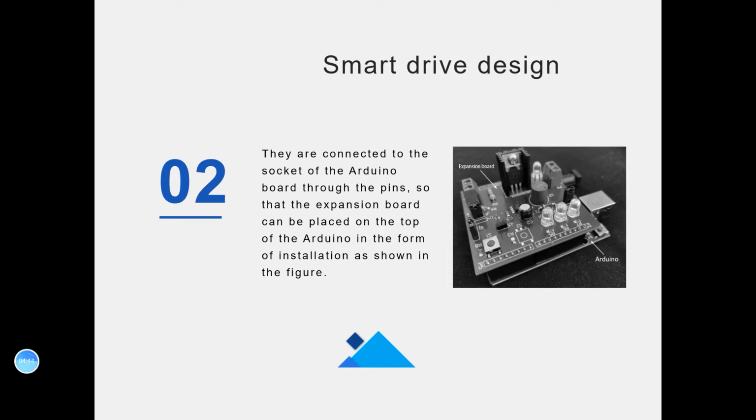A DC power supply is adopted in the system. The positive pole is connected to the Arduino Vin slot through the extension board, and the negative pole is connected to the Arduino GND slot through another inserting pin. The input voltage range of the smart driver is 8 to 12 volts.